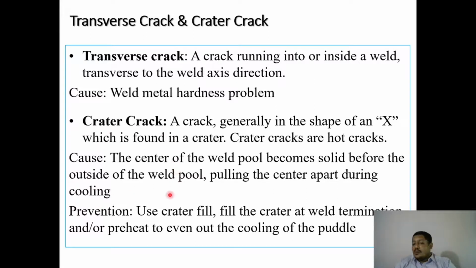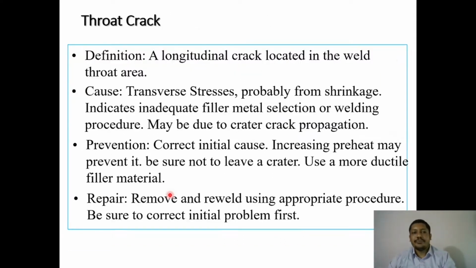So crater cracks also need to be avoided. You have to advise a proper cooling methodology in the welding, or change the electrode in such a way that the center area of the weld will not cool faster than the outside areas.